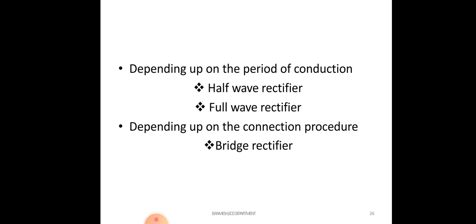Full wave rectifiers are of two types. One is the center tapped full wave rectifier, and the next one is the bridge rectifier. The center tapped full wave rectifier consumes more energy. The peak inverse voltage is 2 Vm, and the transformer utilization factor and efficiency are more compared to the half wave rectifier.